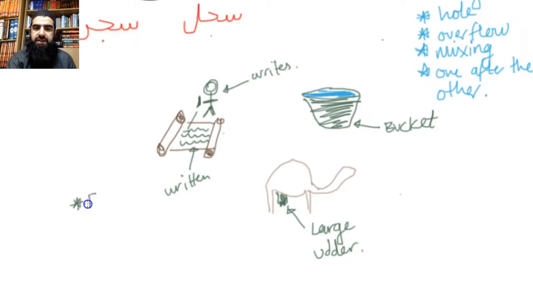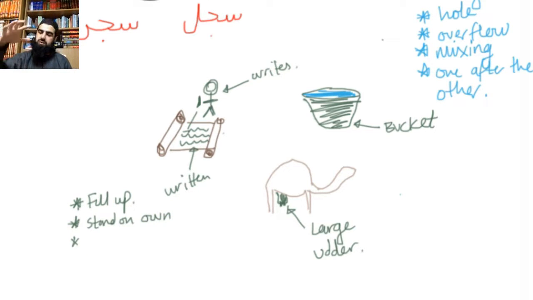Now, what do we understand from this? One of the meanings we get is to fill up. You're filling up scrolls, you're filling up a bucket, something's getting filled up. You also get the meaning of standing up on its own. The bucket, when there was no water in there, was without structure, very loose. But when you put water into it, it became strong and rigid.